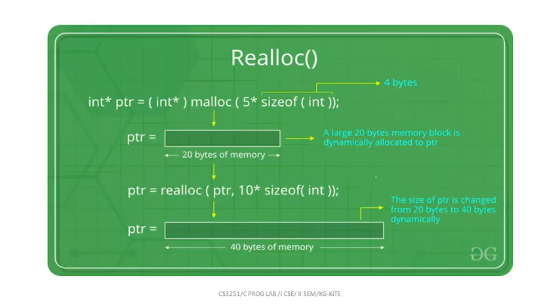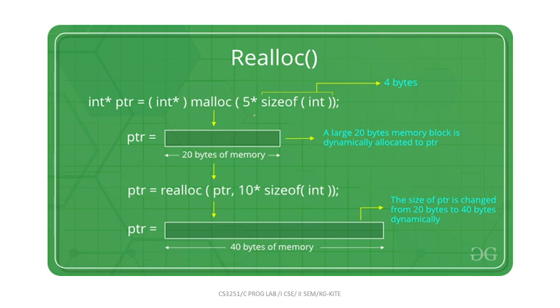The next function is realloc. Realloc stands for reallocation of the memory. Whatever memory is allocated by malloc and calloc can be reallocated. We can reclaim the allocated memory and reallocate it for a newer one.